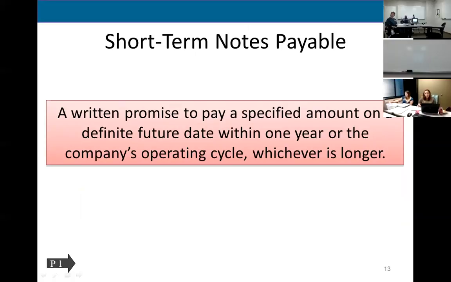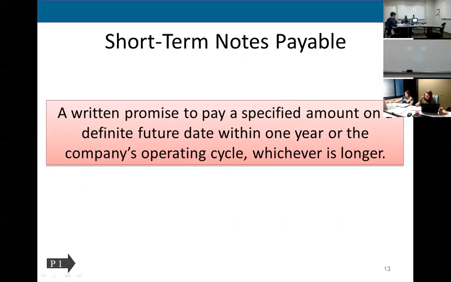What's a short-term note payable? A payable that you pay a specified amount on a definite future date within 1 year, or the company's operating cycle, whichever is longer.